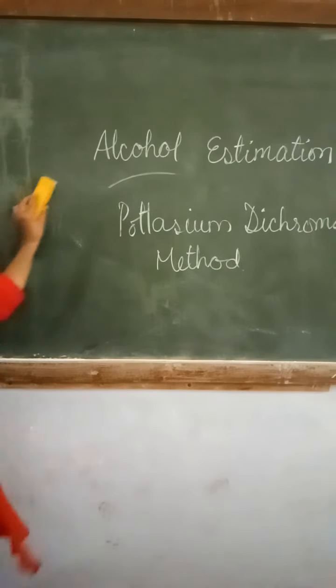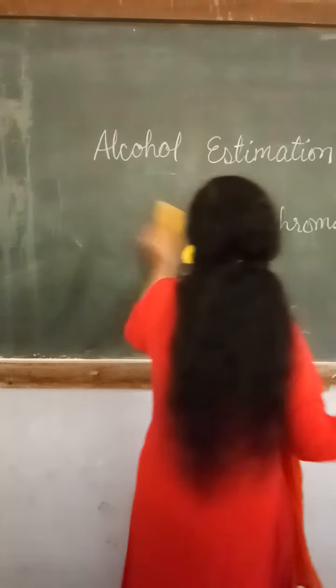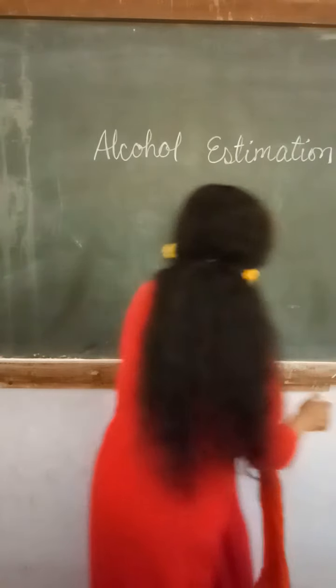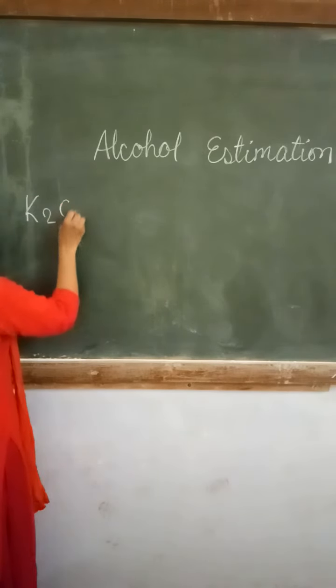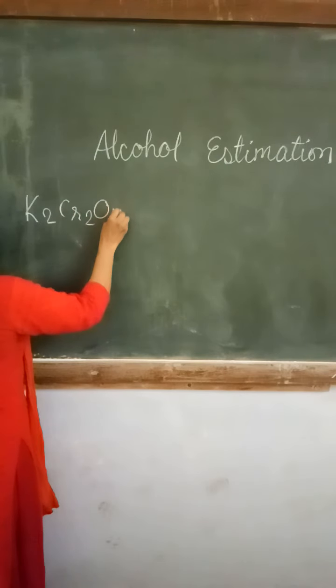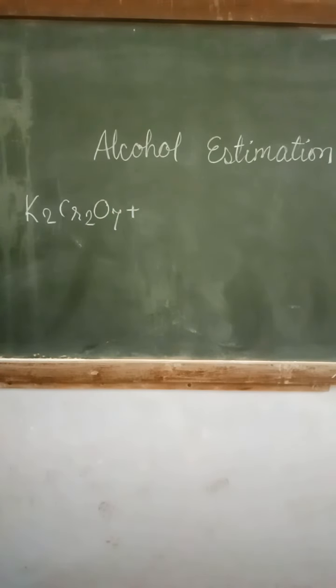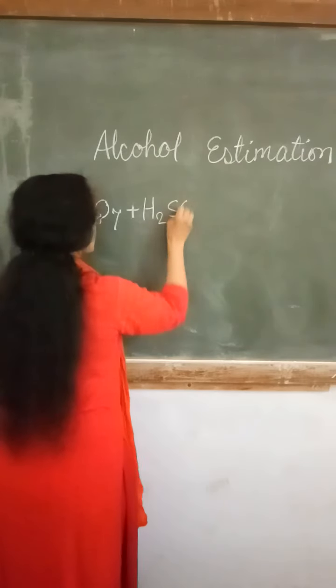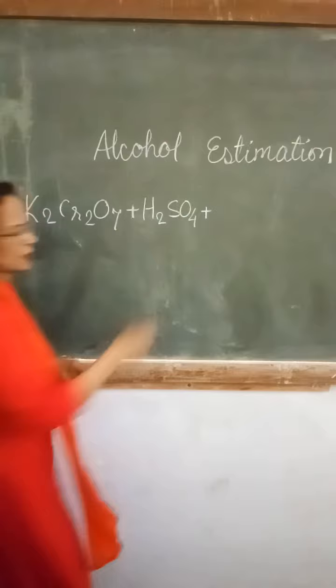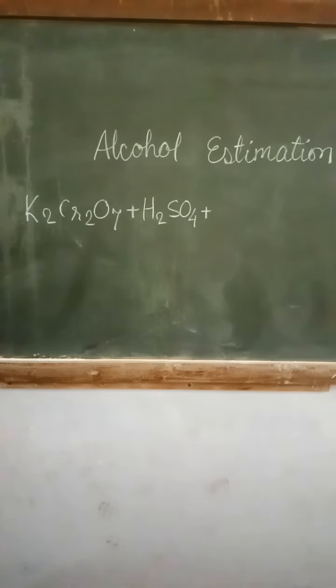Now we'll write the reaction. What actually happens when we start estimating alcohol? Very firstly, potassium dichromate will react with ethanol in the presence of acid.